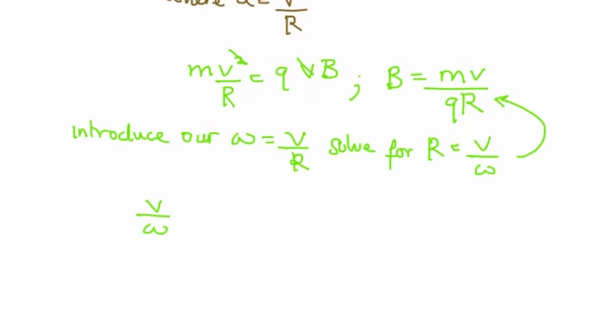So v over the angular frequency is equal to the mass times the velocity divided by the quantity of charge times the magnetic field.